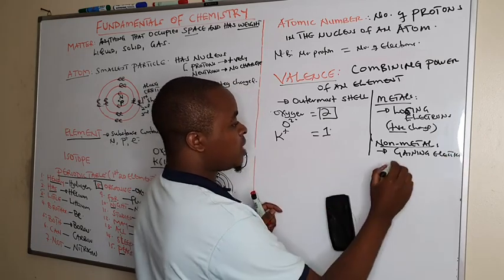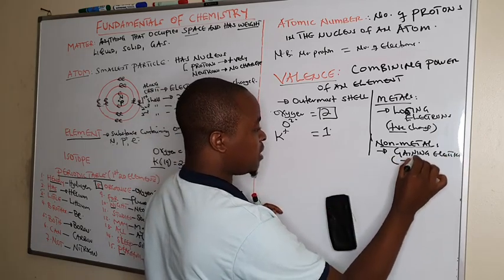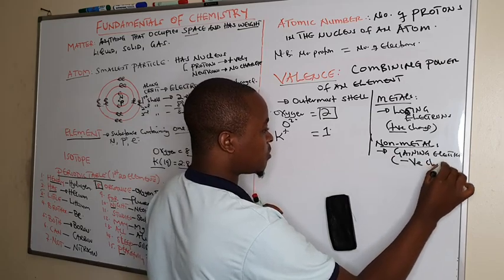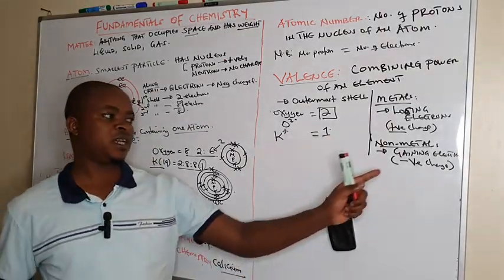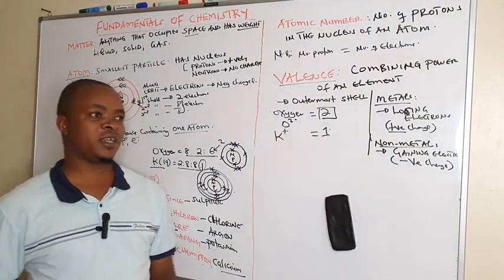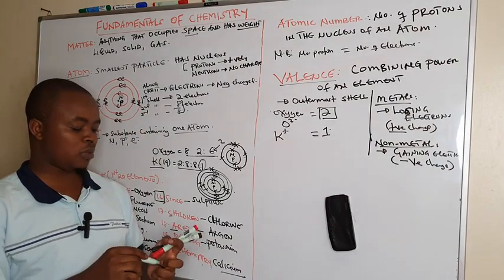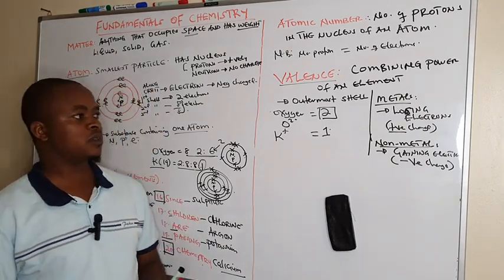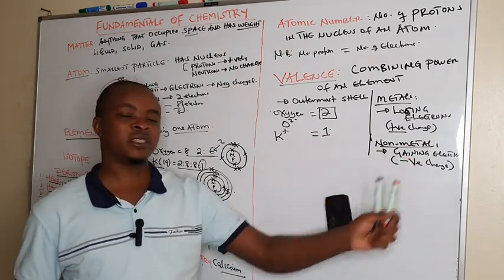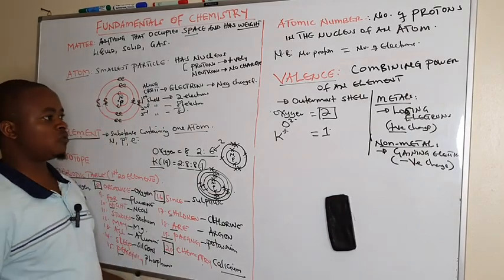And because they react by gaining electrons, non-metals attain a partial negative charge. So metals are positively charged, because metals react by losing electrons, whereas non-metals react by gaining electrons.